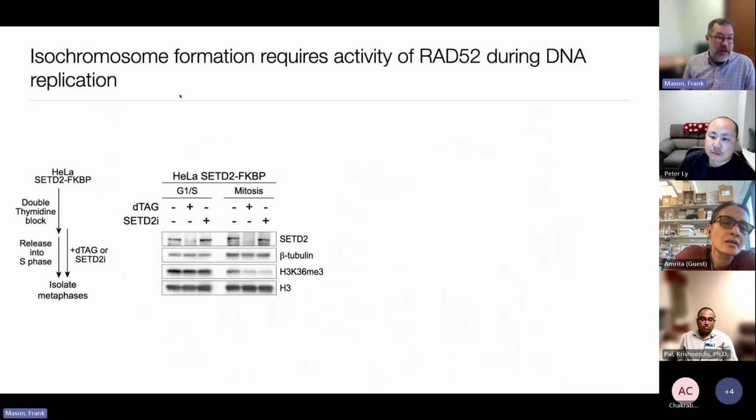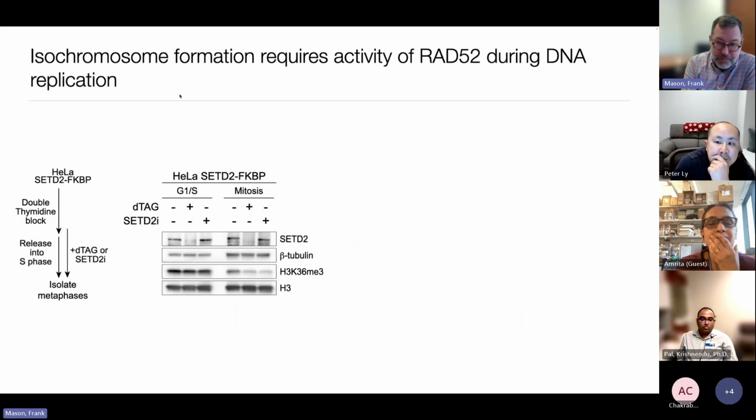To do that, we generated a cell line with a degron-tagged SETD2 that we can deplete by addition of a molecule called dTAG, which can deplete SETD2 in roughly 1 hour. We synchronized cells at the G1/S transition using a double thymidine block, acutely depleted SETD2 by addition of dTAG or inhibited its catalytic activity through the SETD2 inhibitor, released into S phase, and then isolated metaphase spreads.